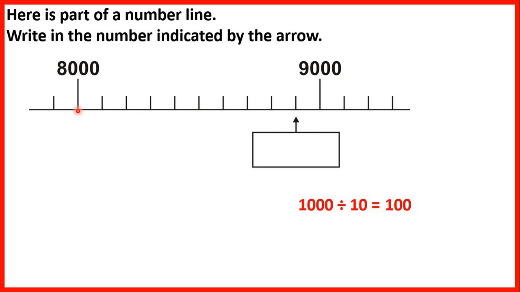So we have 8,000, 8,100, 8,200, and then if we keep on counting in hundreds, we'll get 8,900. Or rather than counting from 8,000, we can just spot that one jump or one line before 9,000 will be 100 less than 9,000, so that's 8,900.